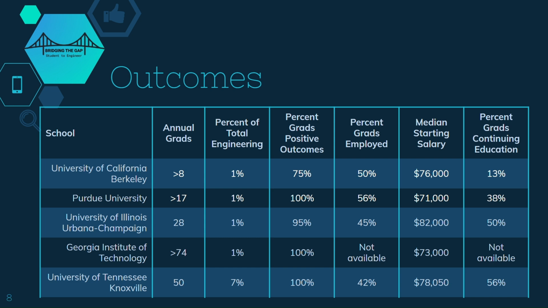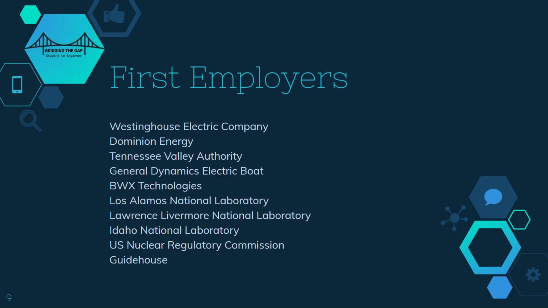Something to look into. Okay, so first employers, this is just giving you an indication of what type of jobs or what kind of companies grads go into. So Westinghouse, Dominion Energy, TVA, and yeah, just go with those three.